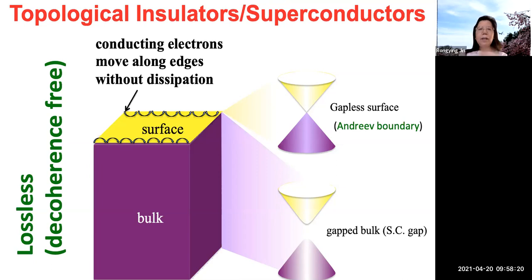All right, so we have been studying both topological insulators and superconductors for a decade. The basic idea in the field is how to make them truly robust for actual applications.